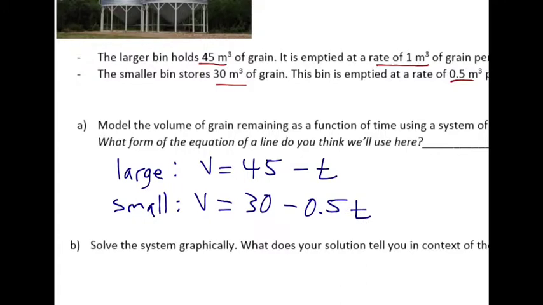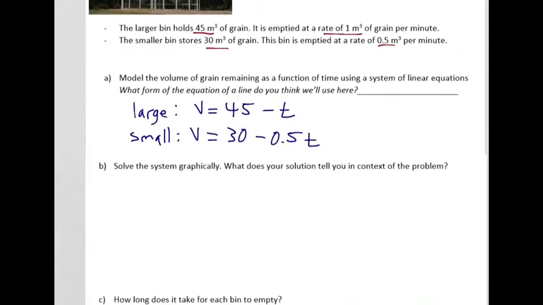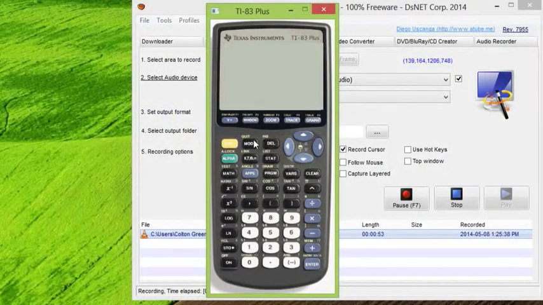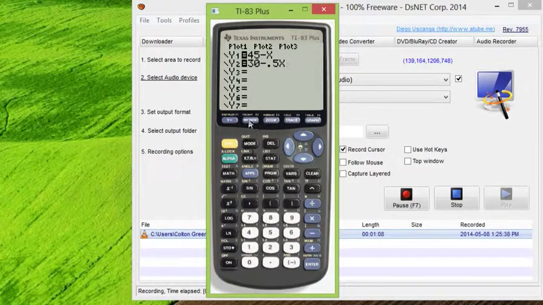Good? Can you solve the system graphically? Yeah. Okay, let's do that. Okay, so let's graph this system and find the point of intersection. So our 2 functions were 45 minus x and 30 minus 0.5x.